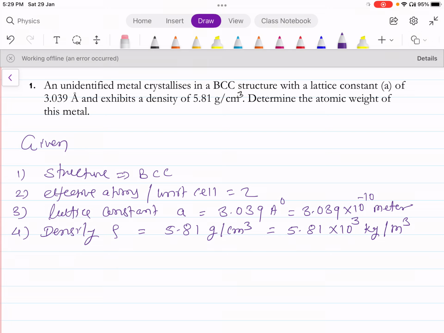Then as you know, we may require Avogadro's number for this. You must know that.